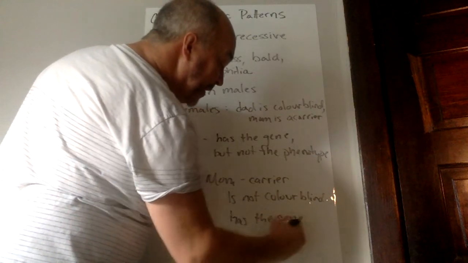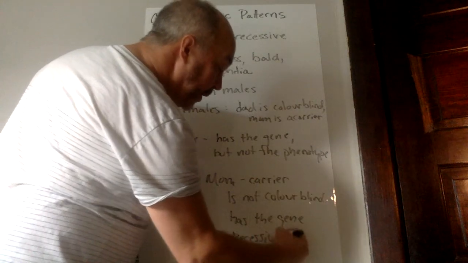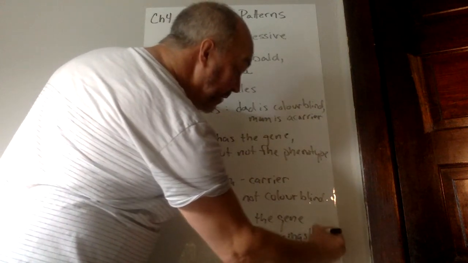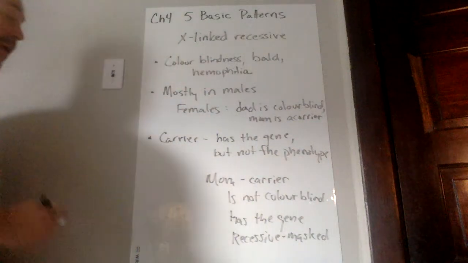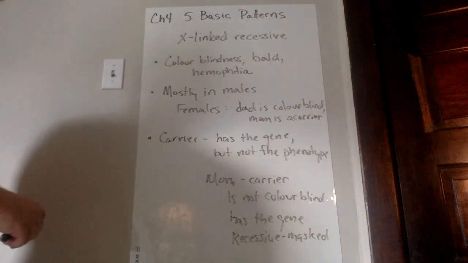And because it's recessive, it is masked. Remember we talked about recessive genes being covered over. They are masked by the dominant gene. So she has a dominant color gene that will supersede this.